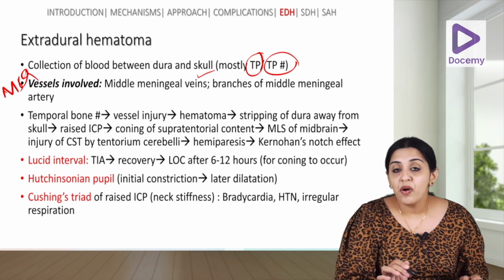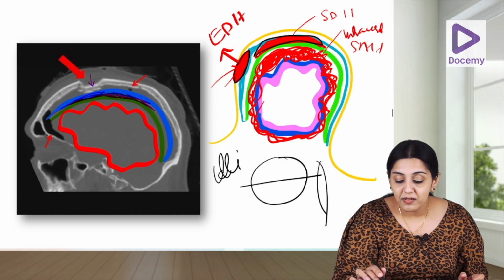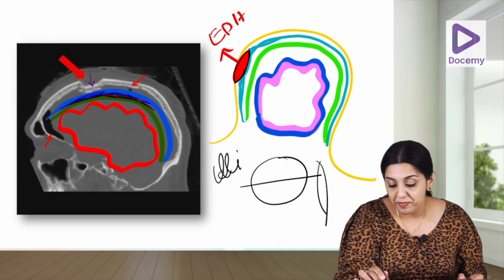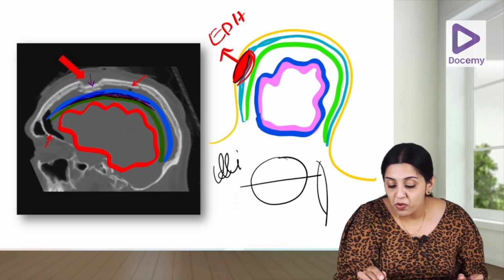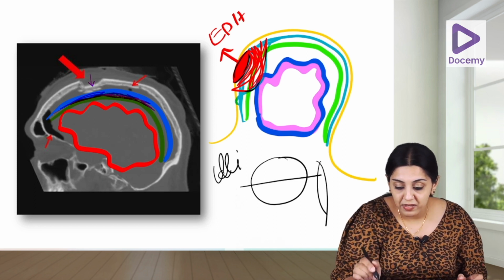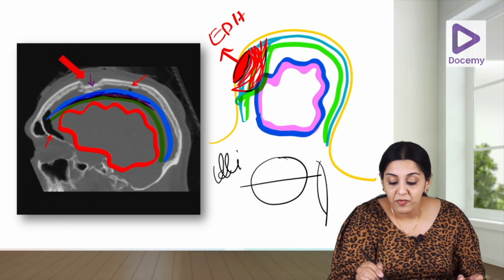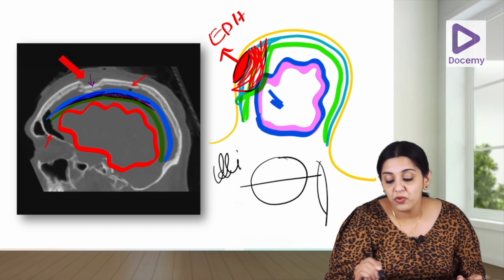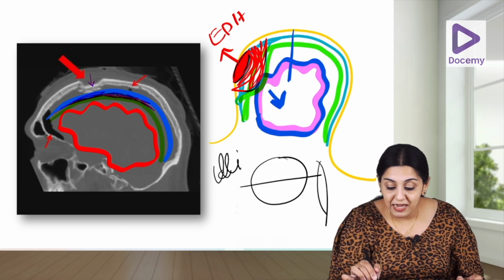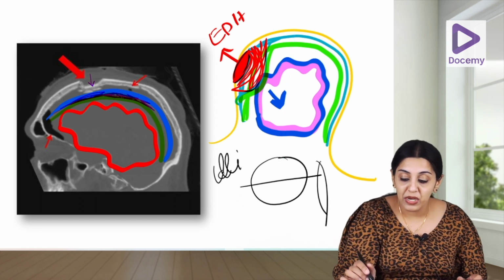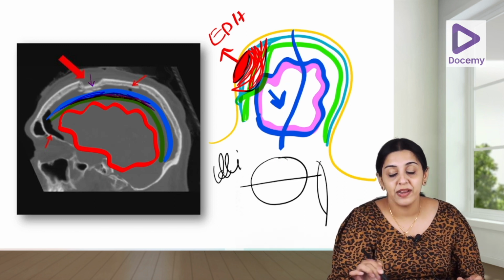Now what happens actually? There is a development of extradural hemorrhage. It progresses, reaching this level. The dura mater, the arachnoid, all will be following it. Further, it will push the brain to one side. So there is a midline shift. This line, which is supposed to be the midline, will be shifted to one area.